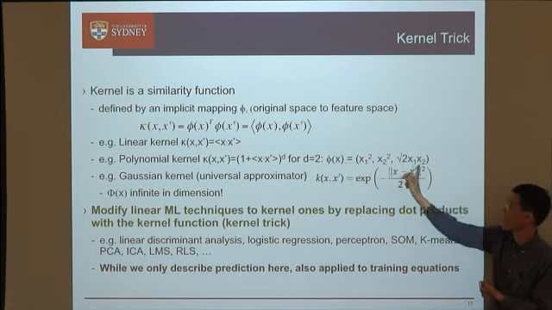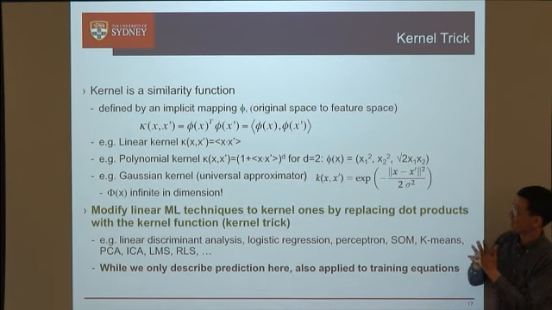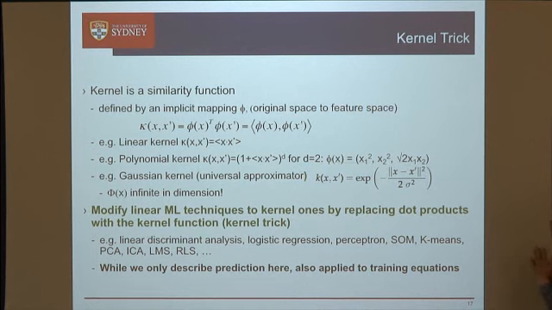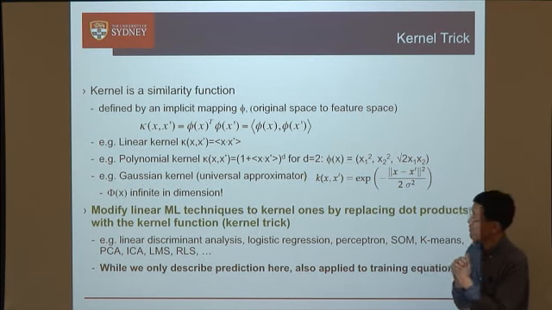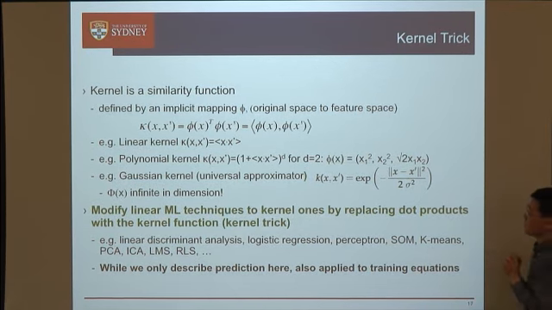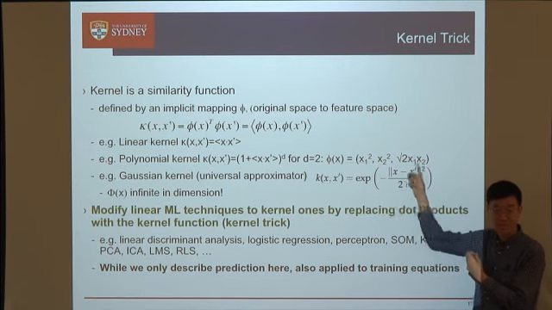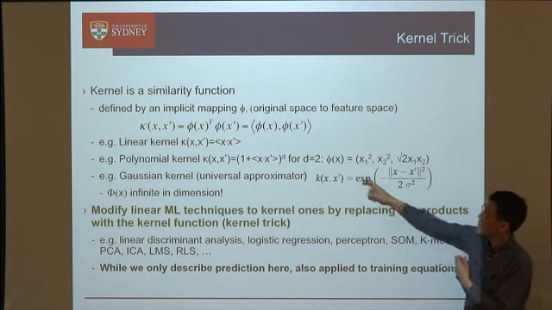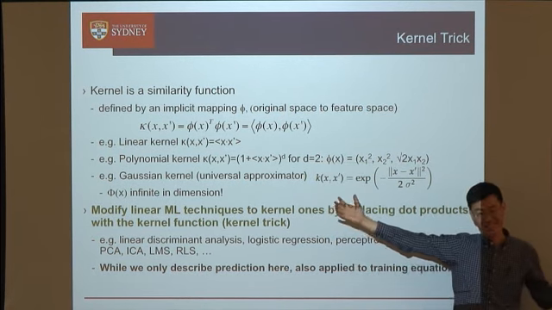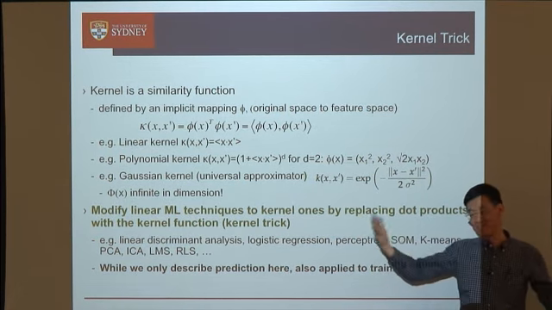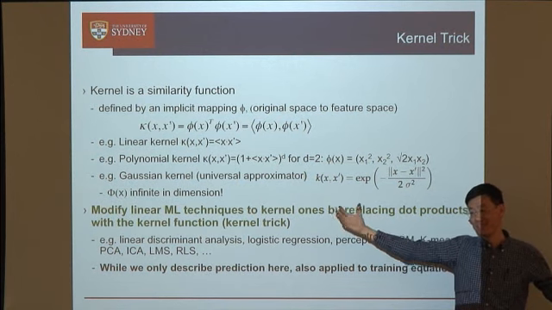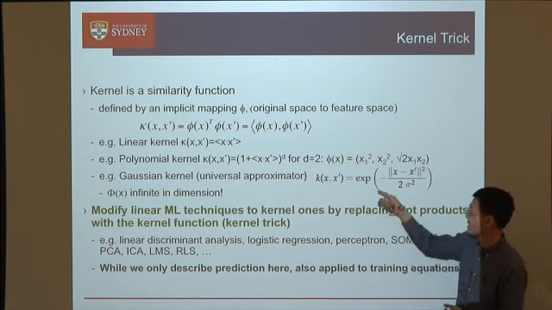And you can check that if you take the dot product of that, you get back what you expect. If you choose the Gaussian kernel or the radial basis function, then the kernel function looks like this, which is easy to evaluate. However, this mapping is actually infinite. So while it sounds strange, it's not that strange. It's an infinite sum, which when you sum it together, gives you that.